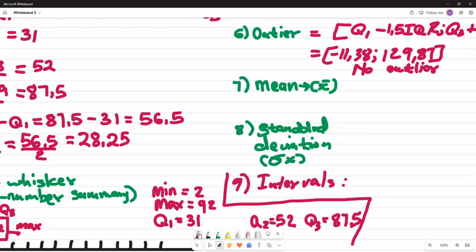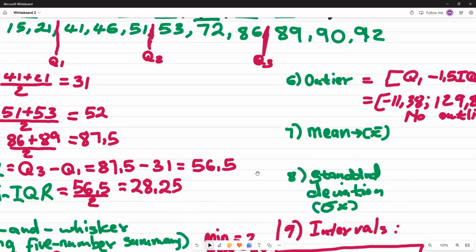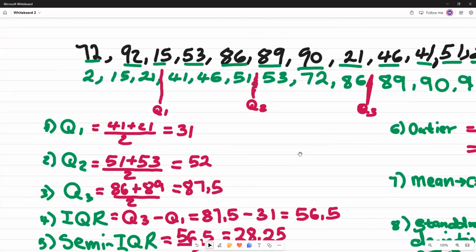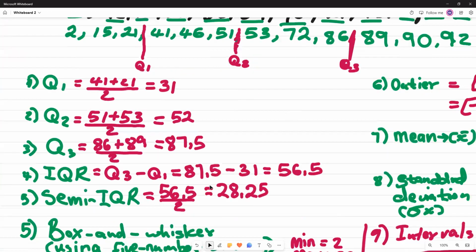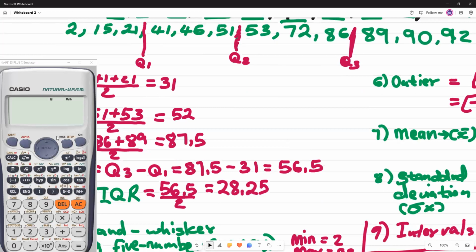So we need to get the mean and the standard deviation, and you need to know how to use your calculator, ladies and gents, right? Sharp. Okay. So let's see here, we have this. Where's our calculator? Okay. So you are going to go to mode, and then you pick 3, which is your statistics.